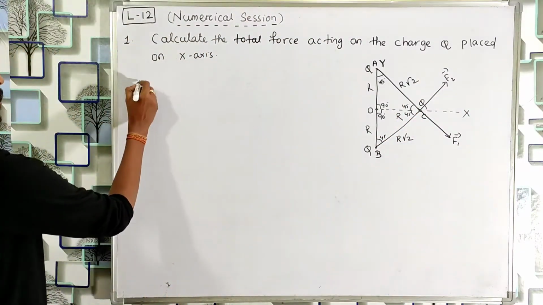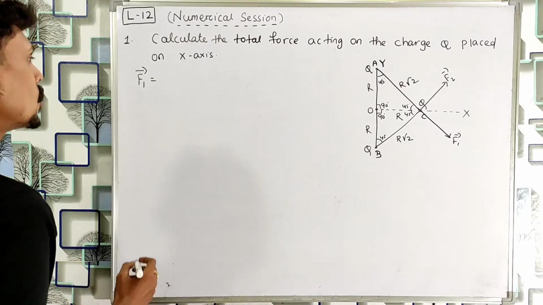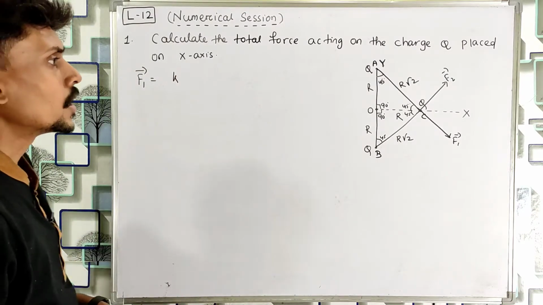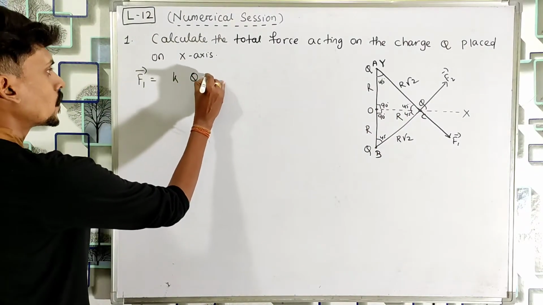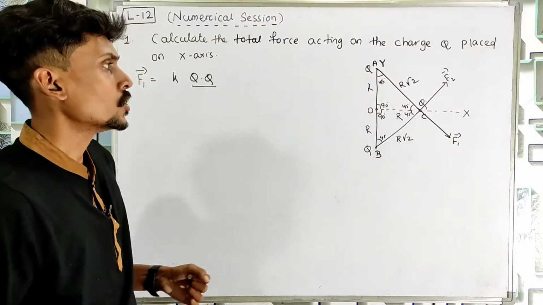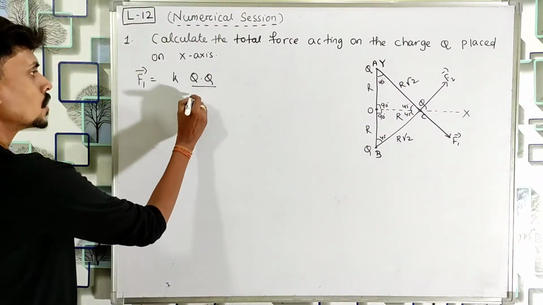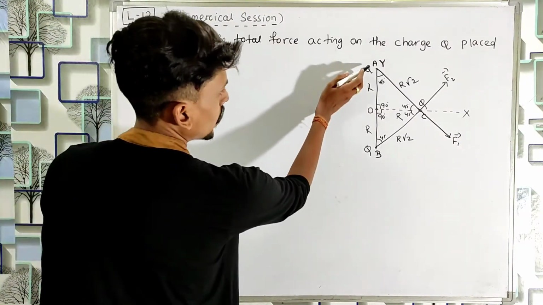Let us write the expressions for F1 and F2. The F1 vector will be k, the Coulomb's constant, into Q1 into Q2, meaning Q into Q, divided by the distance square, meaning AC square. AC is R root 2, so AC square will be 2R square, and its direction is along AC.